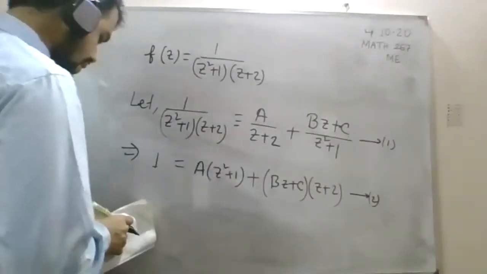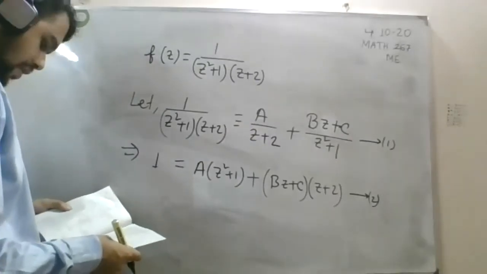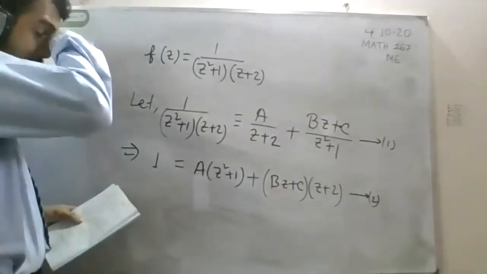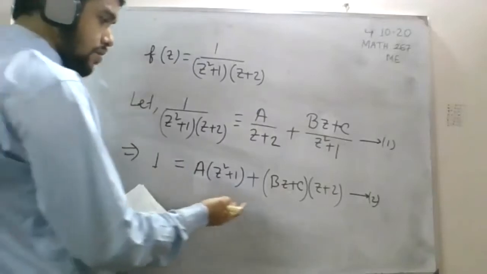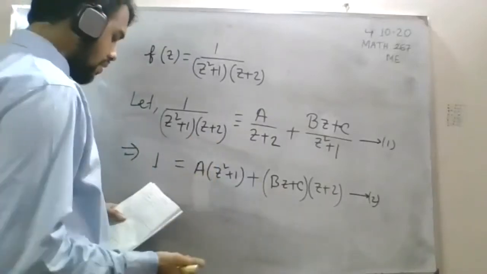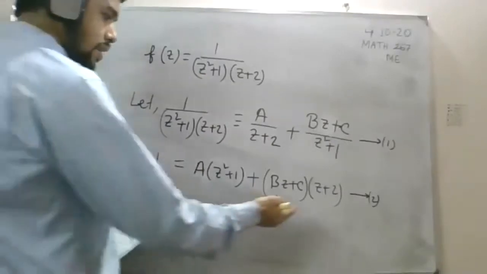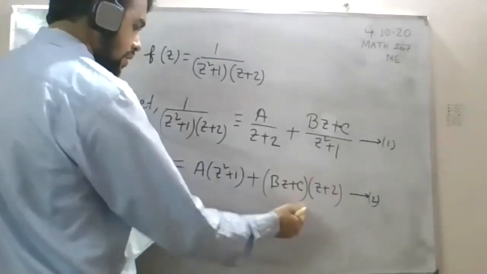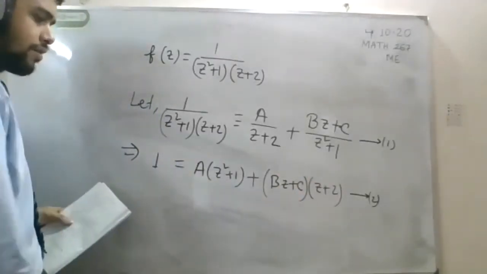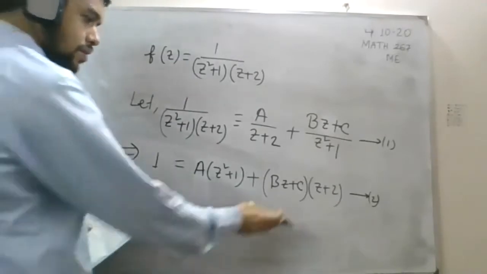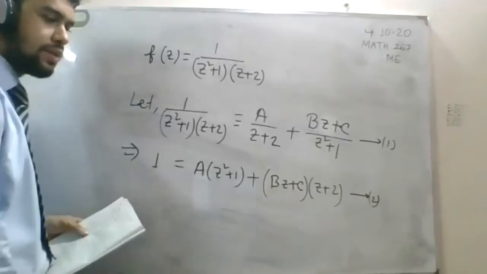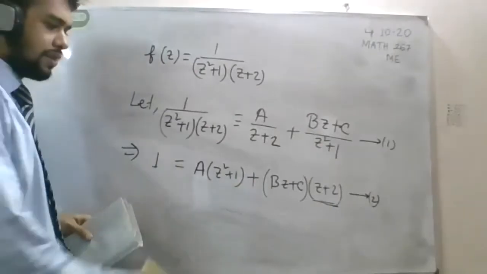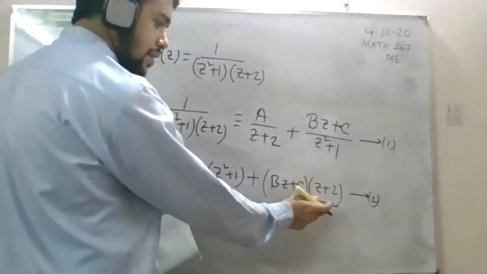Okay, so here this is plus 1 and this is plus 2. So at first you have to find out the value of a. If you let z equals -2, this term will be removed from here and you can find out the value of a. Try to substitute the linear factor's root first, the bigger term we remove first, and think about the rest later.